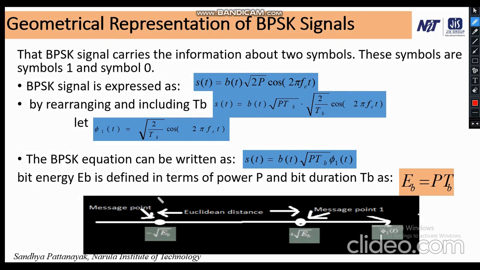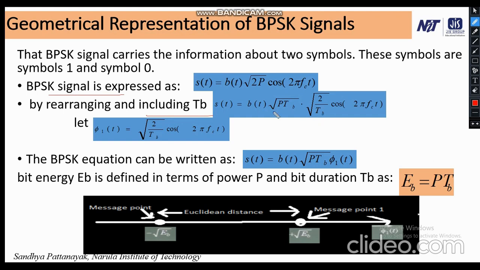Now, if we take a look at this, we represent the BPSK signal as s(t) = b(t) multiplied with root over 2P cos 2πfct. If we rearrange the equation by including the term TB, the bit duration, we multiply TB in the numerator as well as in the denominator.